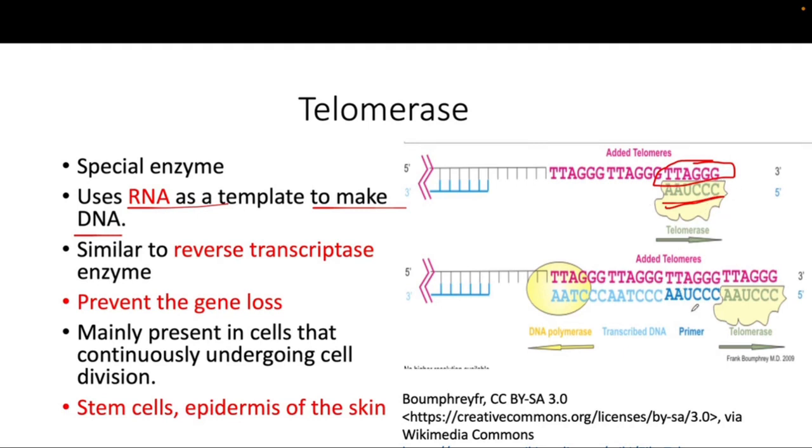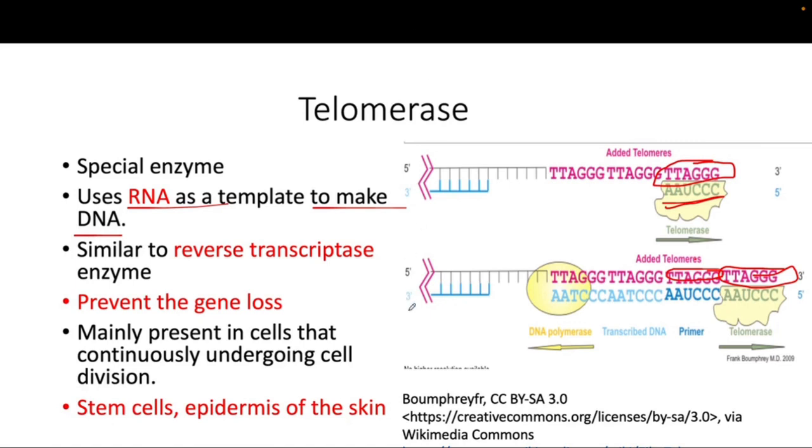So on the bottom, as you can see, the telomerase used RNA as a template, and it has made this new TTAGGG again. So this TTAGGG is preserved because it has just added a complementary DNA by using RNA as a template. That's how it has actually saved the telomeres from not being replicated.